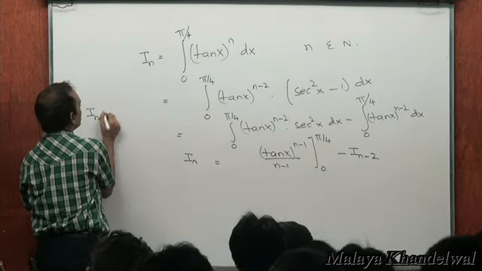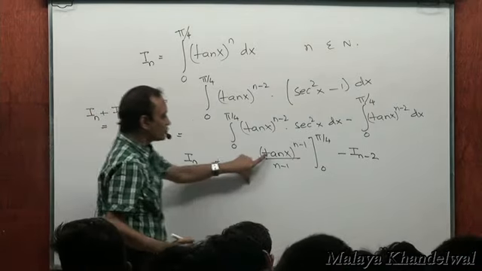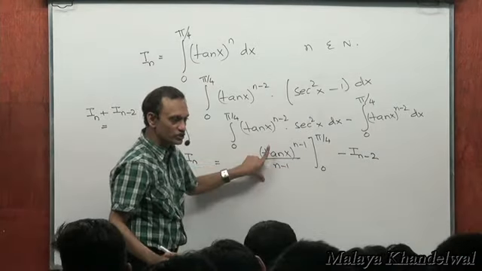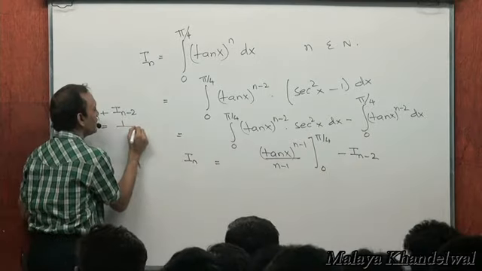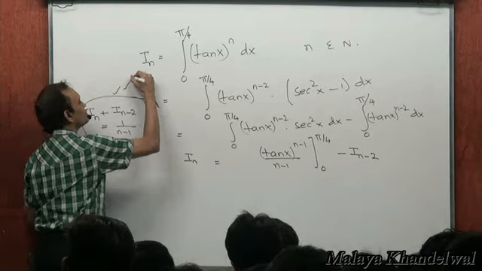So I get I(n) plus I(n minus 2). At x equal to pi by 4, it's 1. At x equal to 0, it's 0. So that makes it 1 by n minus 1. Another result which you want to remember.